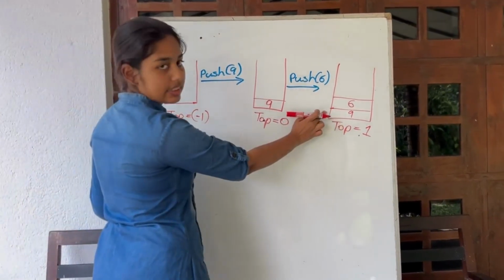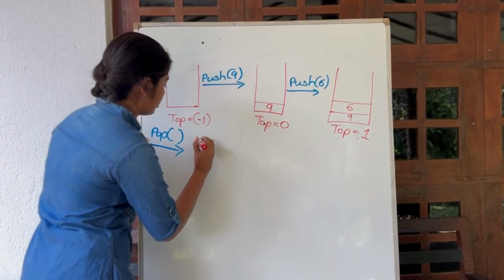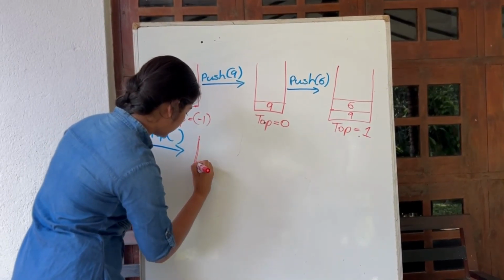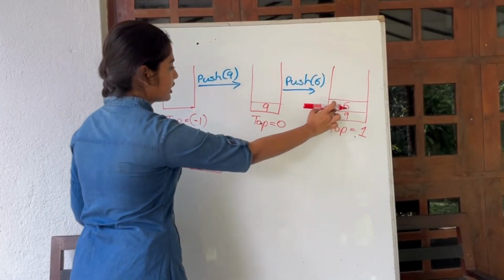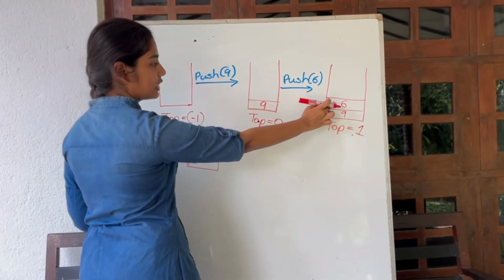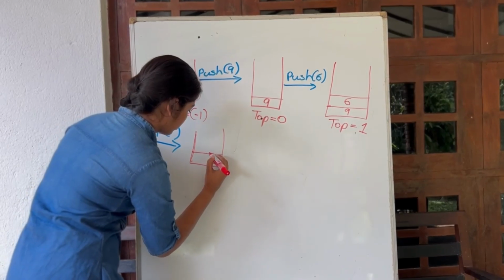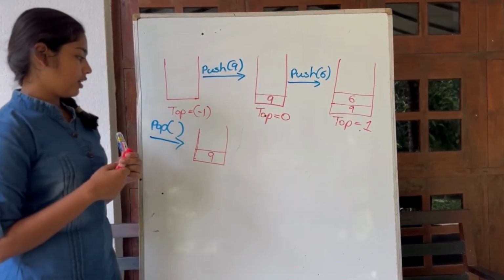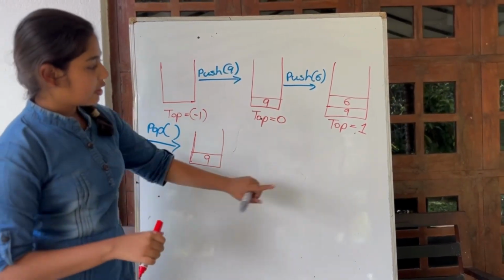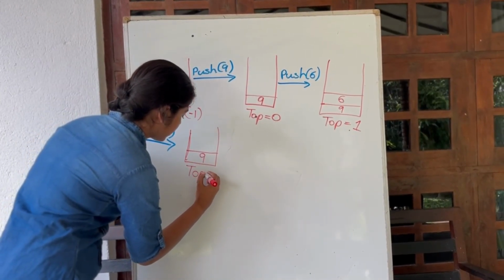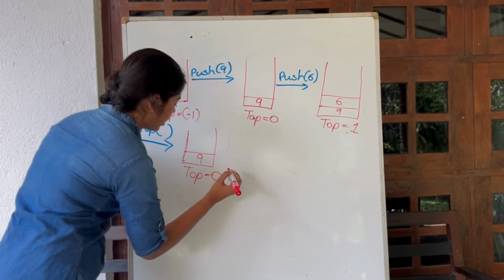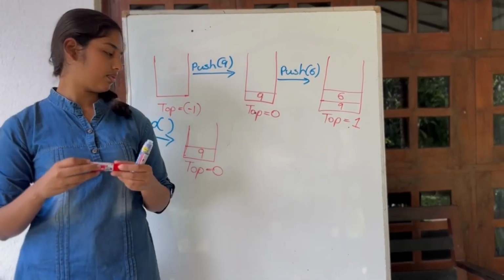Let's use this stack. When we are using the pop operation, we remove 6 because this is the top of the stack. Then the top value decreases by 1, so the top value is going to be 0.